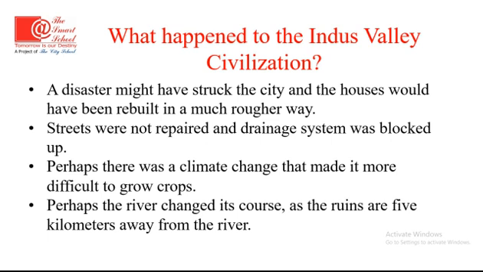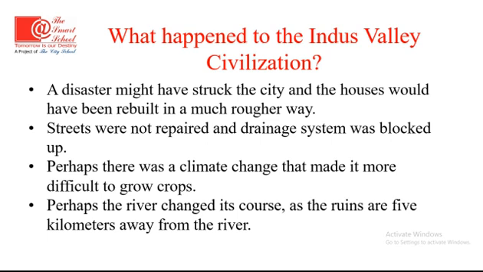Now let's see what happened to the Indus Valley civilization. How did it decline? Archaeologists have different opinions about how the civilization disappeared. So let's discuss a few. A disaster might have struck the city and the houses would have been rebuilt in a much rougher way.